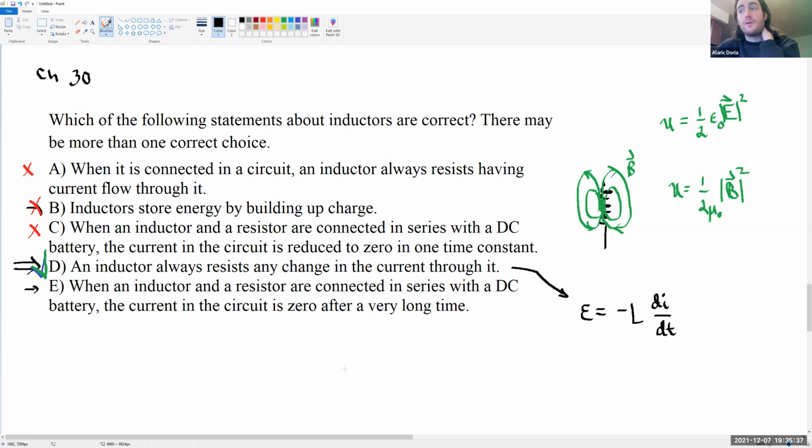For an inductor, after a long time, the current just reaches a steady state. The current will remain constant, but not zero, because an inductor does not block current flow in any way. So as soon as you reach that steady state current, it's like the inductor is not there at all. So E is incorrect.